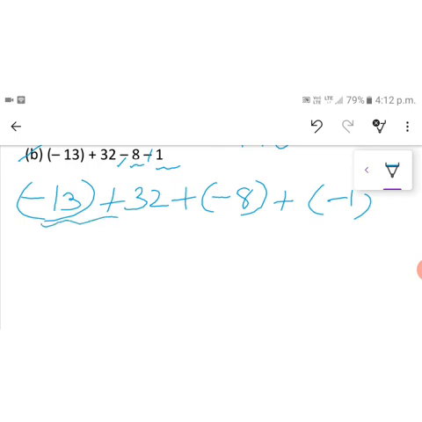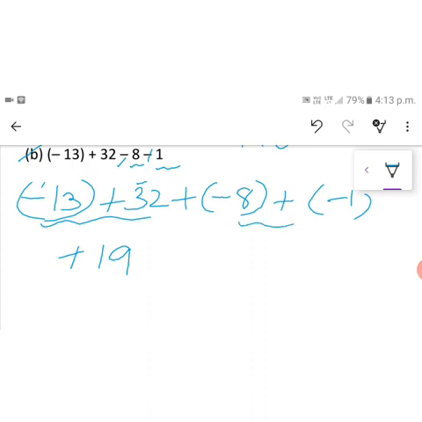Now take first two numbers. One is positive number and another one is negative number. If the two numbers have different sign, subtract the two numbers. 32 minus 13 we get 19 and give the bigger number sign. The bigger number is 32 and the sign is plus, so plus 19.